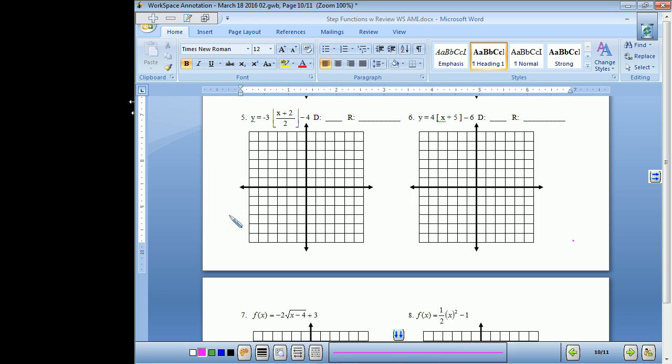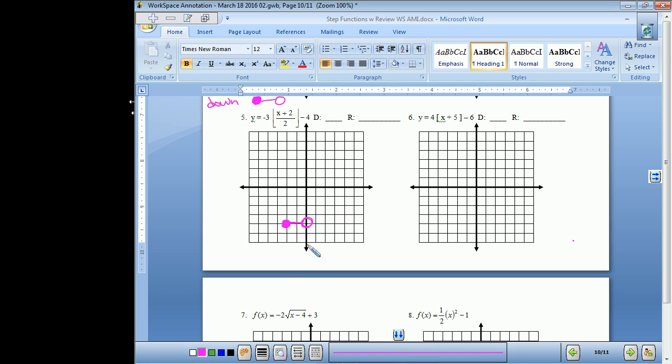Is it rounding up or rounding down? Down. So remember, down is solid, over to the right to open. Where does that first solid start? -2 and -4. Solid, over to the right to open. How far right do I go? 2. Very good. Now when I jump, how do I jump and how far do I jump?